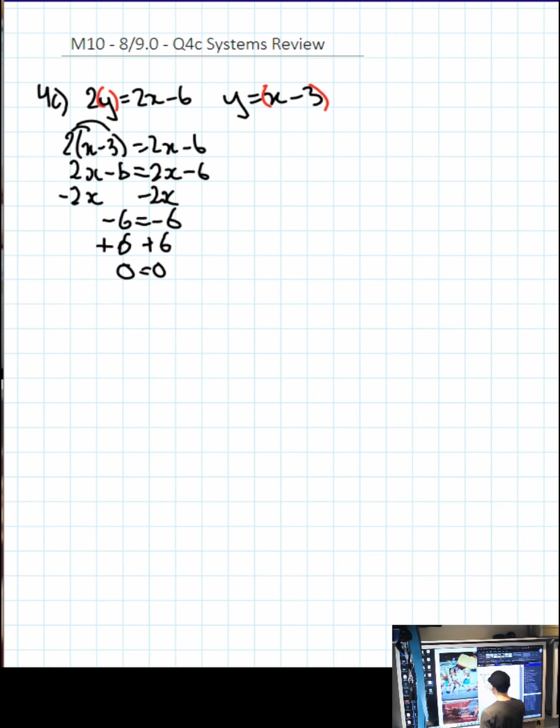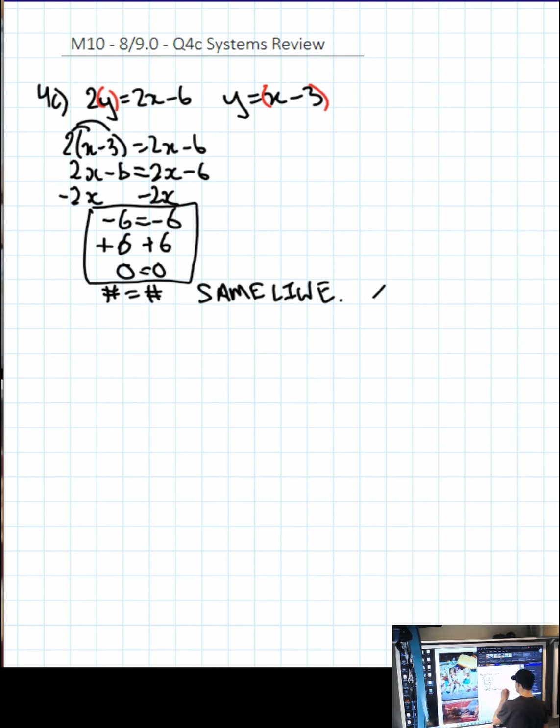But either one of these lines will be fine to tell us that a number is equal to a number. That means that they're the same line, and we have an infinite number of intersections.